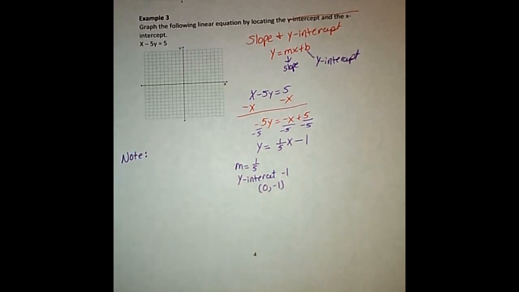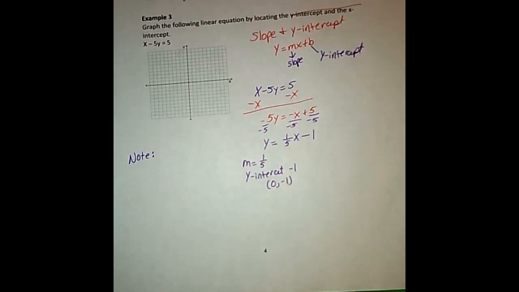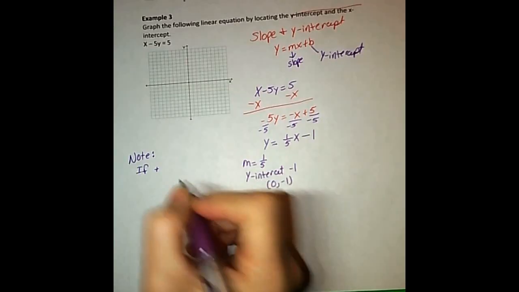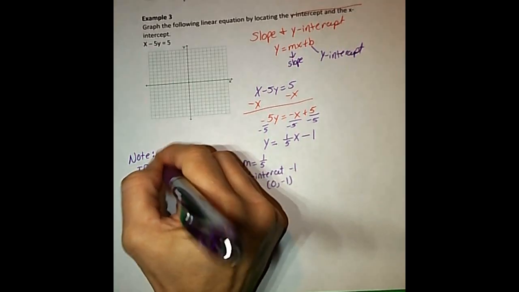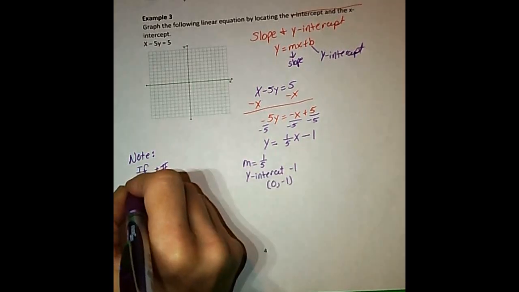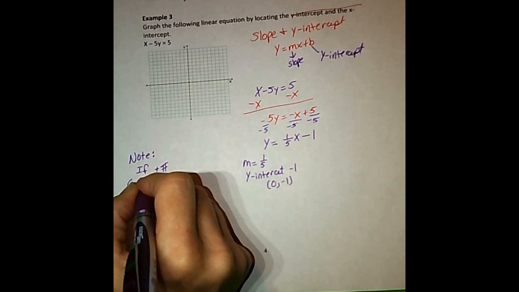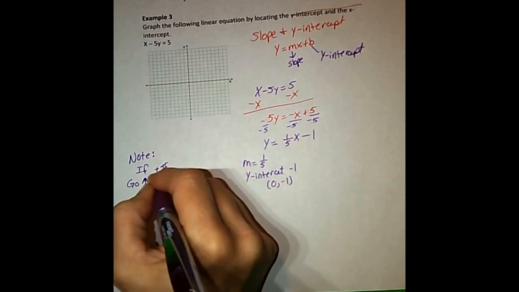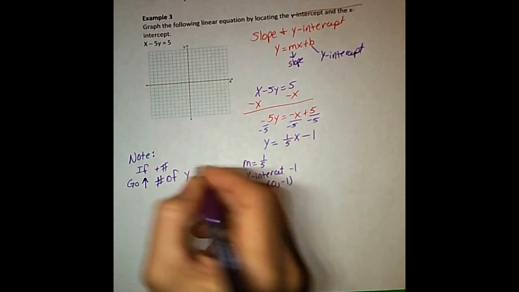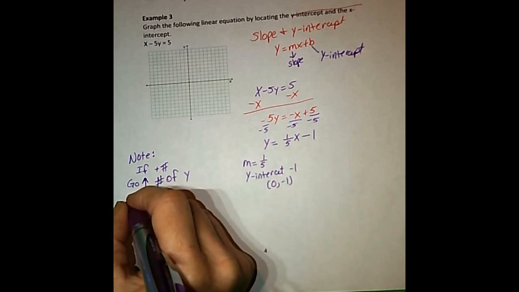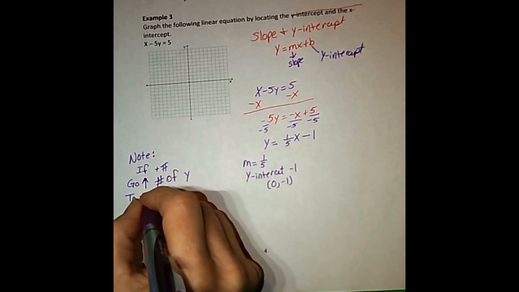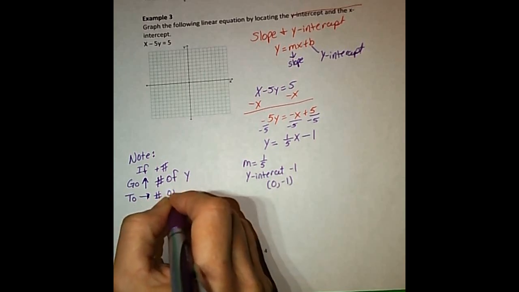And there's 2 ways to plot your slope, but I'm going to teach y'all the easiest and most straightforward way. So when we plot our slope, if the slope is positive, right? If it's a positive number, go up the number of y values, and to the right the number of x values.